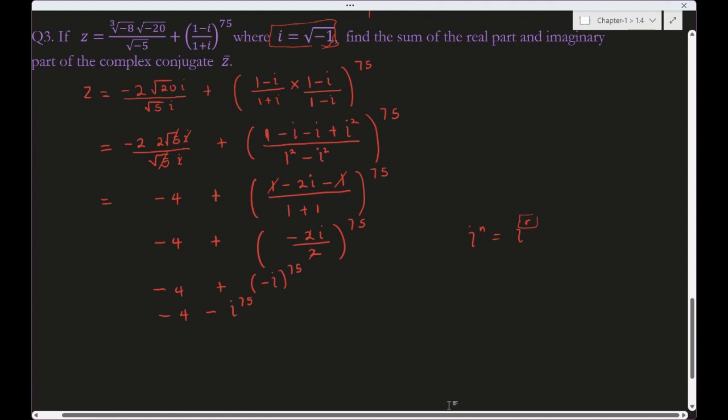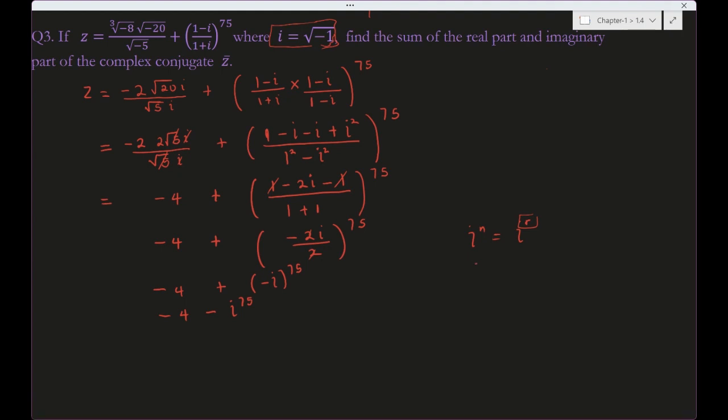So we just need to divide 75 by 4, and this will give us about 18, right? So the remainder will be 3, right?